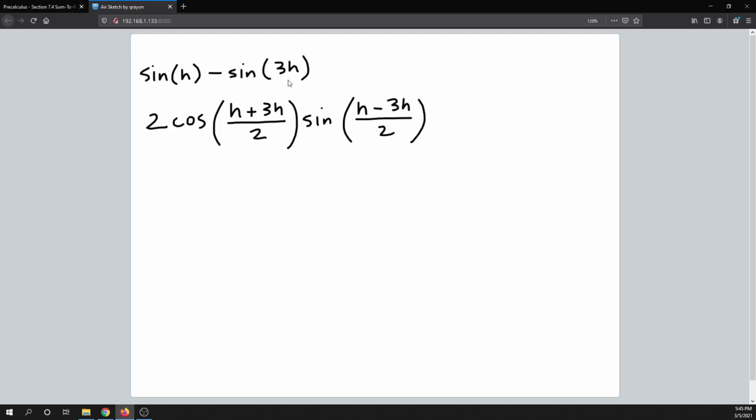All right, and so now what we need to do is to reduce this as much as possible. Looking on the inside of these trigonometric functions, I have h plus 3h, so that's going to be 4h. I have sine of h minus 3h, so 1h minus 3h is going to be minus 2h, like so.